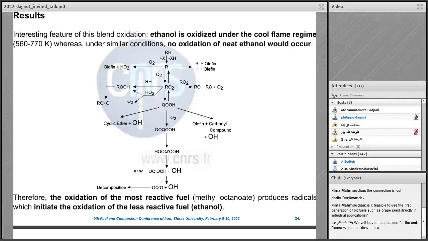And because methyl octanoate is relatively very reactive under the conditions of this study, it will provide these radicals which will attack ethanol.